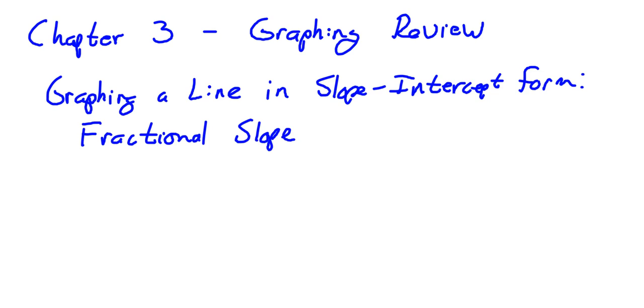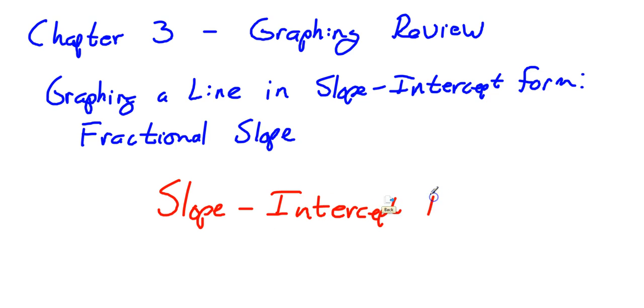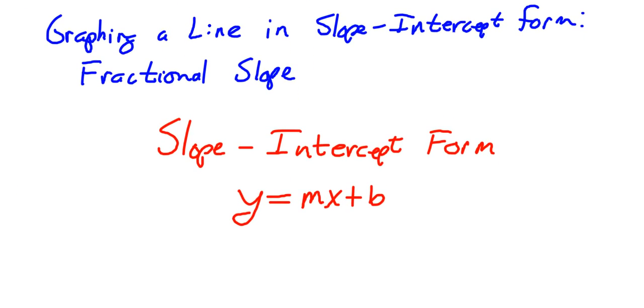Okay, so the very first thing is when we talk about slope-intercept form, and hopefully everybody's seen this at some point in time and it's rattling around in your head somewhere. That's y equals mx plus b. And for this part of it, m is your slope.